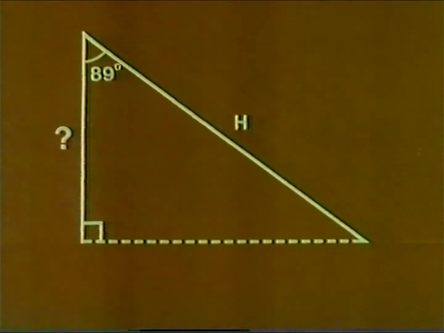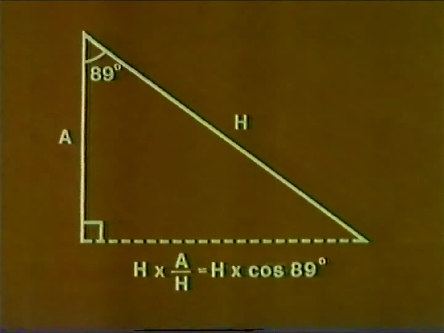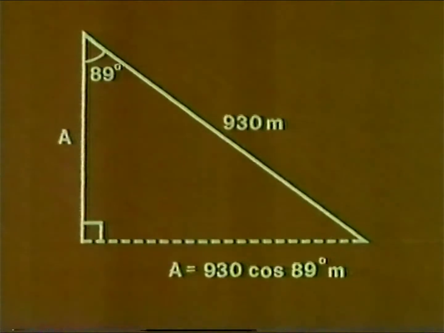The length we want is the adjacent side. The required length is 930 cos 89 meters.